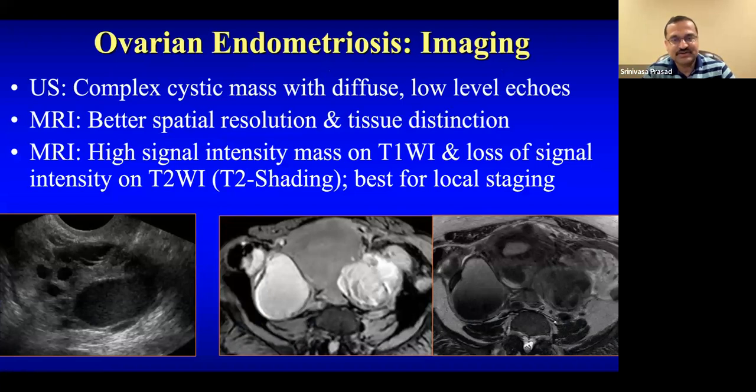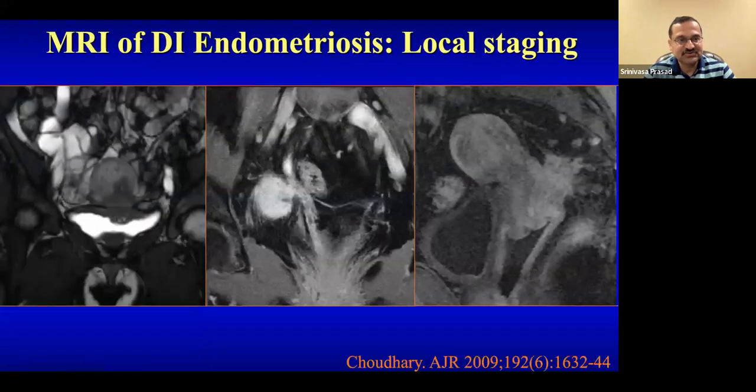As already shown in examples, some of the characteristic findings are the presence of low level echoes within the ovarian lesion, and high signal intensity on T1 weighted images with characteristic T2 shading on T2 weighted images that are characteristic for endometriosis. In contradistinction to the so-called chocolate cyst, the deep infiltrative endometriosis can have a predominantly fibrotic signature with some high T2 signal intensity admixed with it.